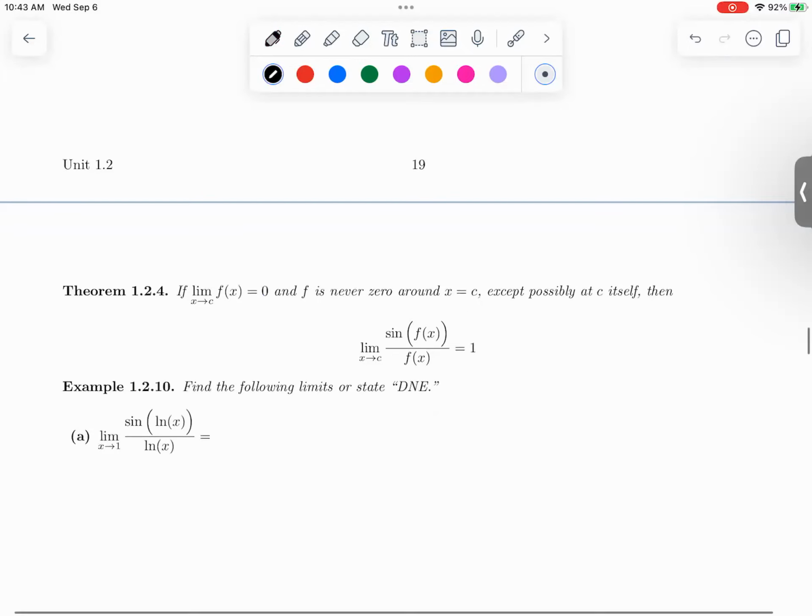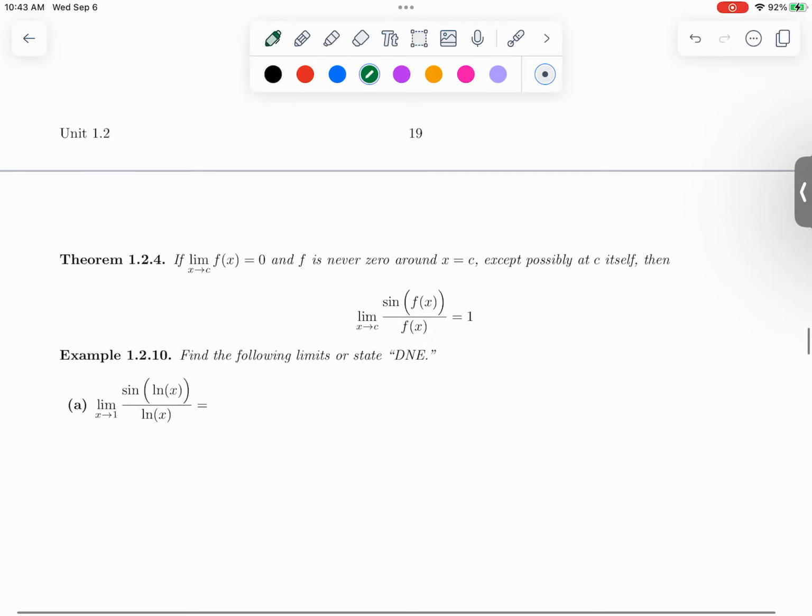So for example, this one right here, the limit as x approaches 1 of sine of ln of x over ln of x. It's the same thing, and as x goes to 1, ln of x will go to 0, right? Because ln of 1 is 0.